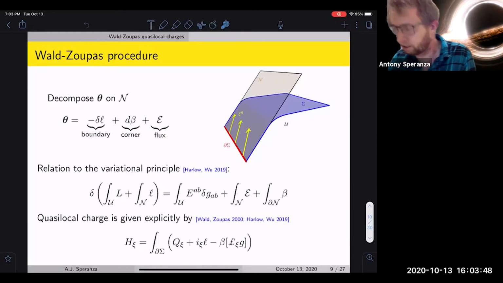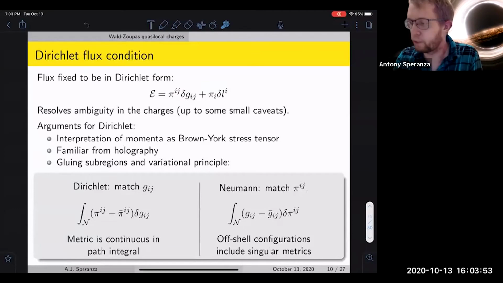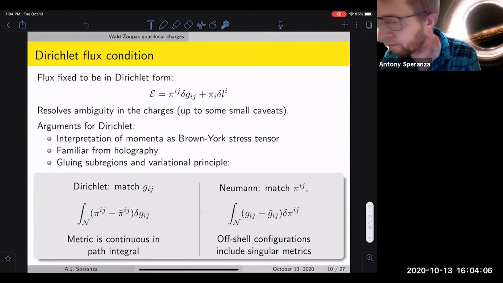So in order to fix this ambiguity, I really need to have a principle for fixing what the flux is. The thing we proposed in this paper is that this flux should really be of Dirichlet form, which means we want it to take the form of variations of intrinsic quantities times conjugate momenta that might be constructed from things like the extrinsic curvature.